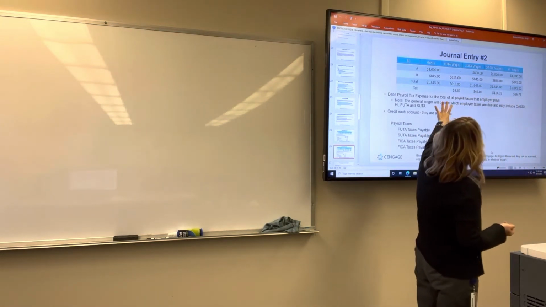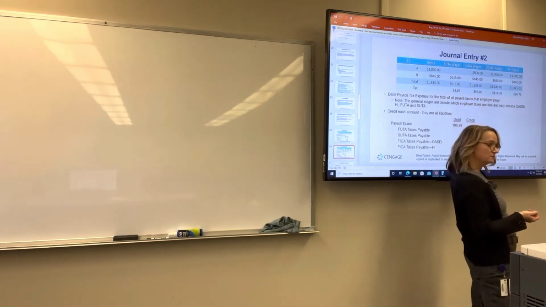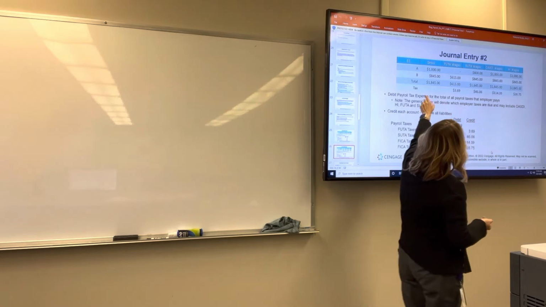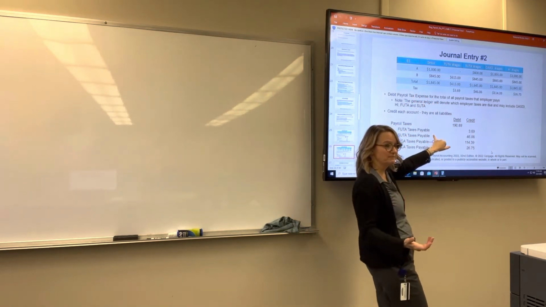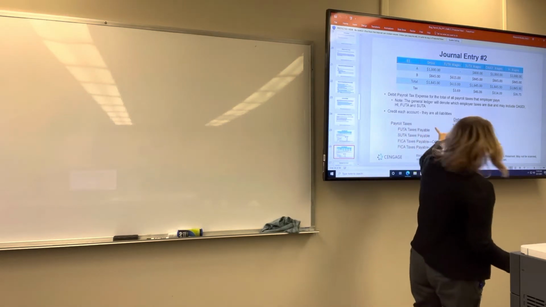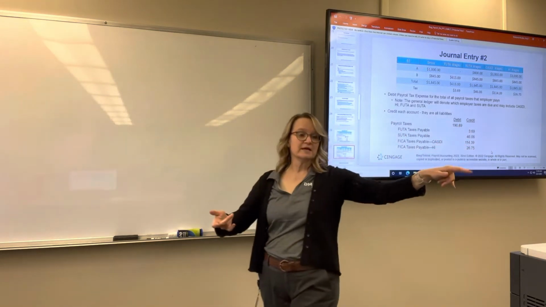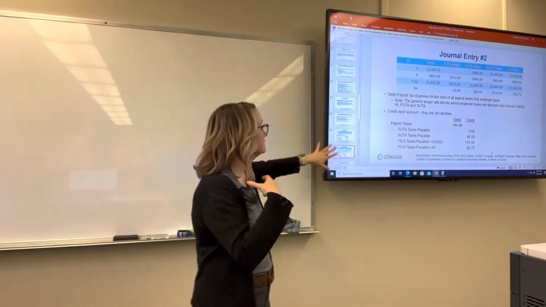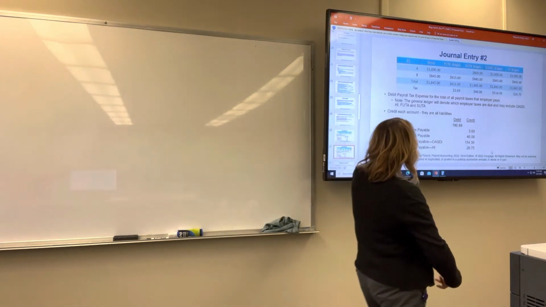If you don't have a column that is totaled, you might want to start with the credits, because they're all listed there. Remember, anything that has the word payable attached to it is going to be a liability. A liability is not an asset, an expense, or a dividend, so to increase it, we credit it, and to decrease it, we debit it.